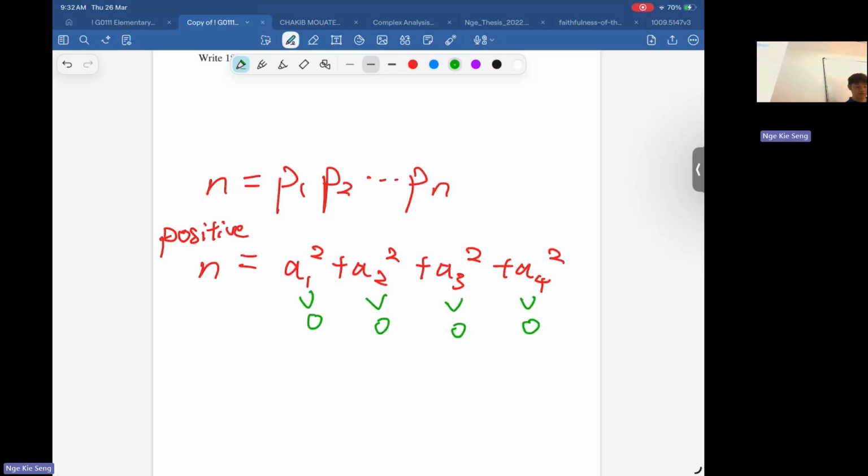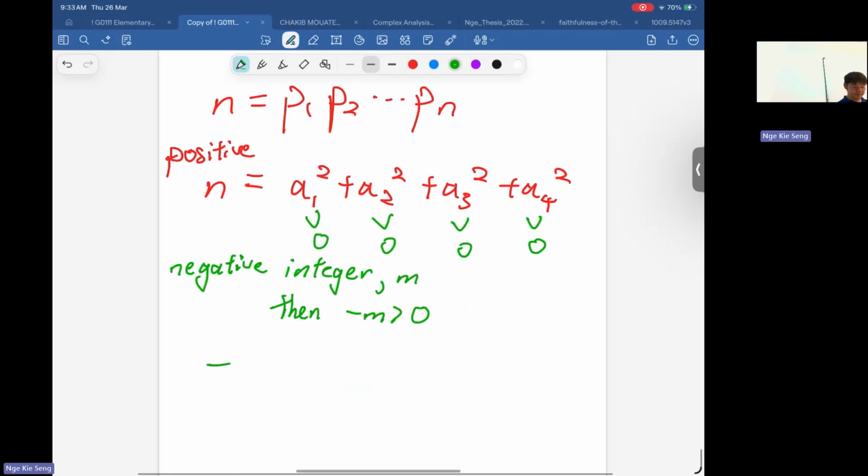But this is enough to do for negative, right? Because you can just multiply by negative. Does that make sense? No? Okay, sorry, try again. Let's say if I have a negative integer n, then minus n should be positive. So I can write minus n as a sum of 4 squares.